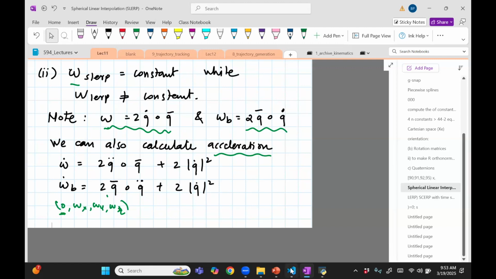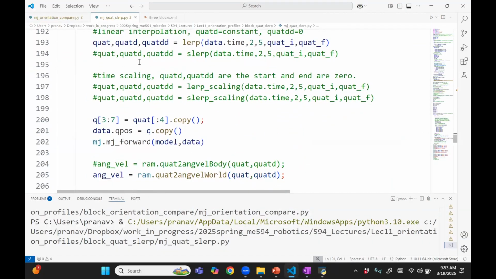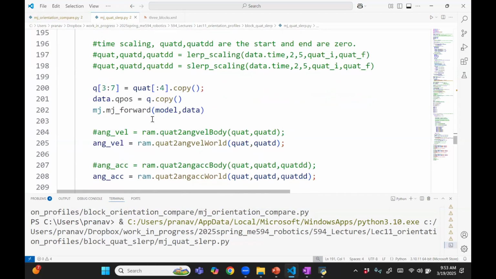So what I did was, just to make it easy, I have a function over here which takes in inputs of, that's actually world frame. Okay, you can do both. I have a function in the utility which does both. If you give it quat and quat dot, it will convert that to angular velocity in whichever frame you want. Body frame, then use this function. World frame, use world frame function.